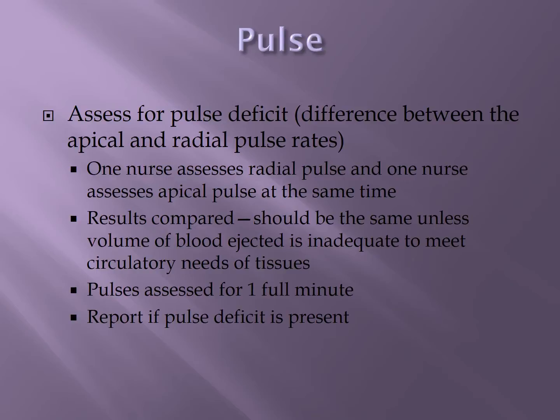Typically what this means is when the heart contracted and blood was ejected, there wasn't enough blood ejected to create that pulse wave to go all the way down to the radial artery like it's supposed to, and it was not felt. This is always a reportable assessment finding because it is abnormal.